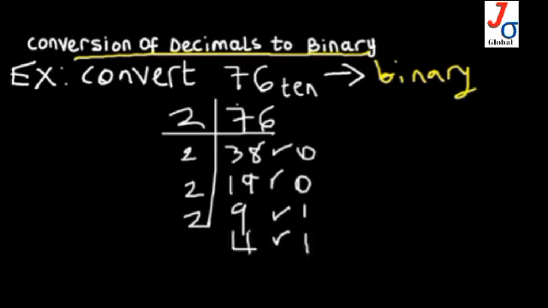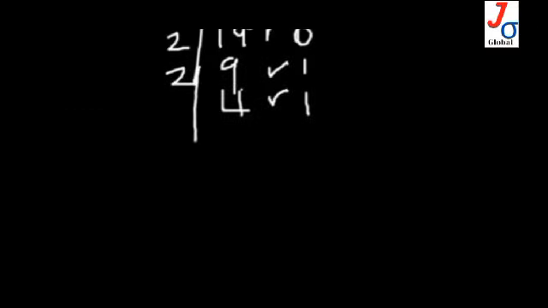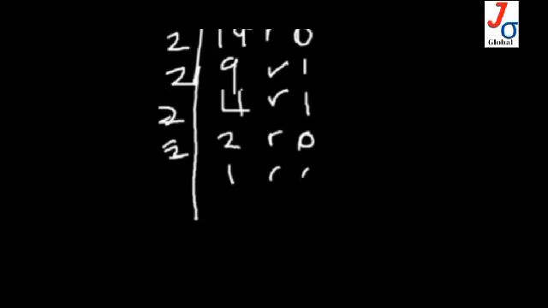That's remainder 1. Then, let me extend this line a little. Let's divide 4 by 2. You have 2 remainder 0, because 2 times 2 is 4. Then 2 divided by 2, I'm going to have 1 remainder 0. Now we get to this point that we are left with 1.